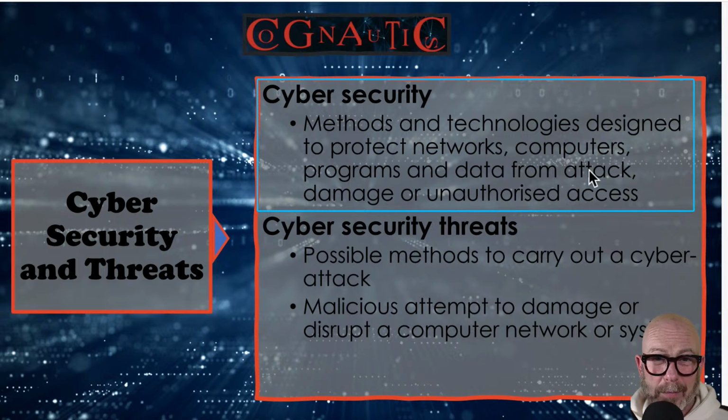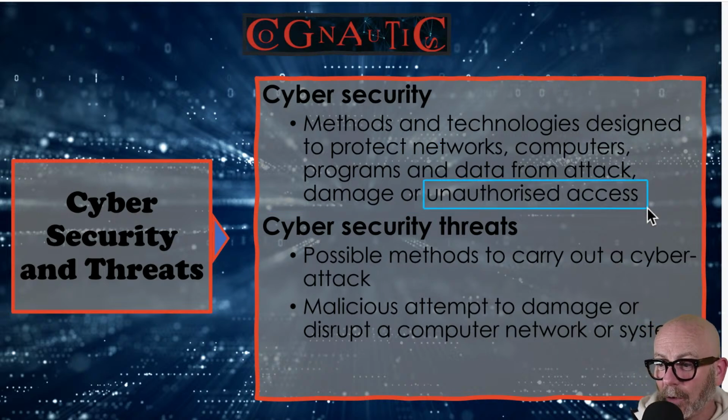Cybersecurity are the methods, the ways to protect networks and computers. So we're going to look at cybersecurity methods to protect computers, programs and data from damage or unauthorized access. And the unauthorized access obviously means people accessing things that they shouldn't be accessing, or they don't have the rights to access, okay? And when we talk about damage, we're talking about corrupting or deleting data, okay?